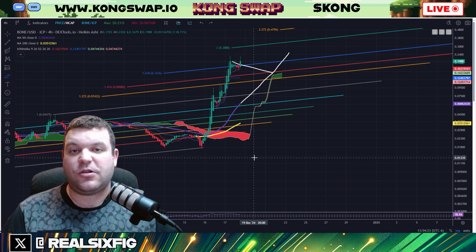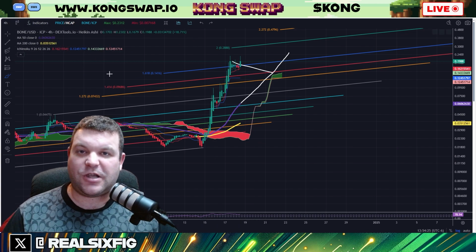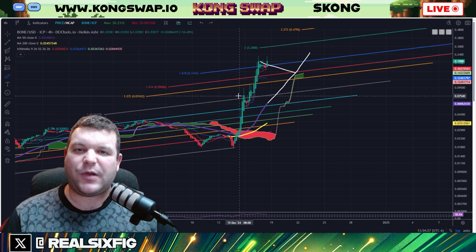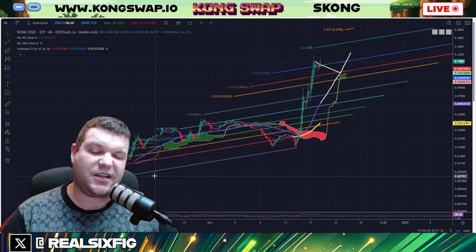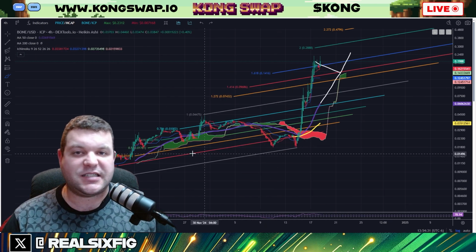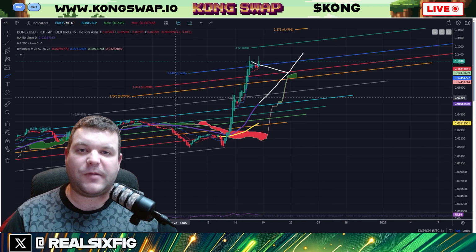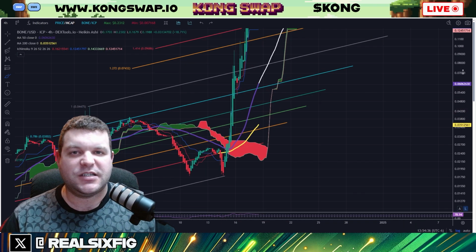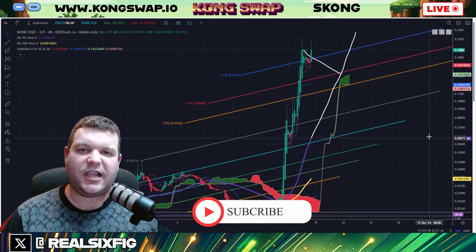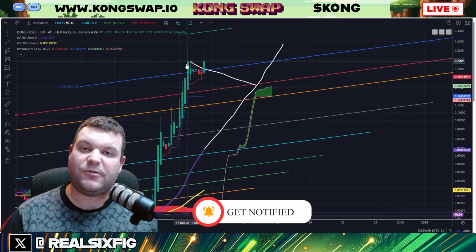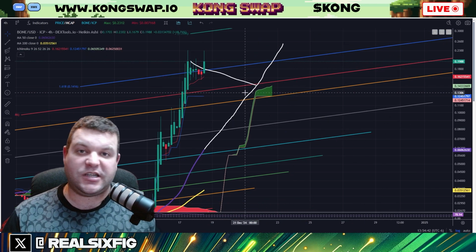Bone, I have no clue. I don't know what Bone is, but I can tell you guys this: it's pumped quite nicely. We've got a very nice Fibonacci channel here, and price bounced right up to the 161.8, which is a nice golden ratio as far as Fibonacci is concerned.